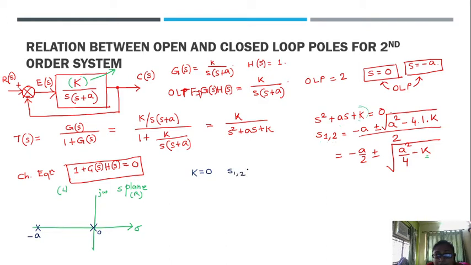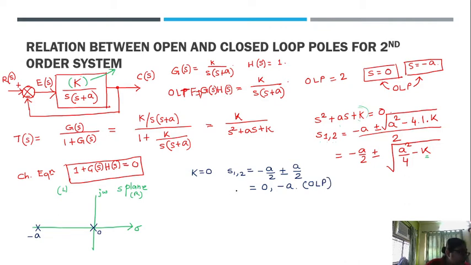S1,2 is minus a by 2 plus minus a by 2. So two values: when this is plus, it will be 0, and otherwise it will be minus a. So when k is 0, the values are absolutely the same as the open loop poles. These are the open loop poles when the value of k is 0.